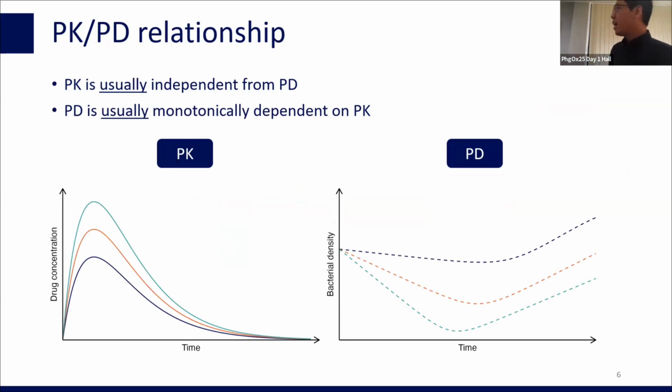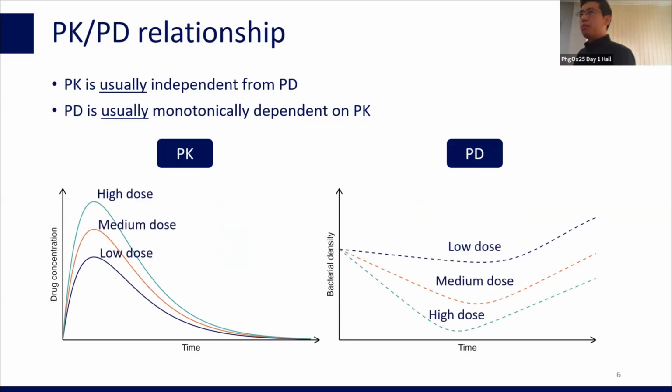That means the PK is usually independent from PD. So we study PK first very often, and the PD is usually only monotonically dependent on the PK.